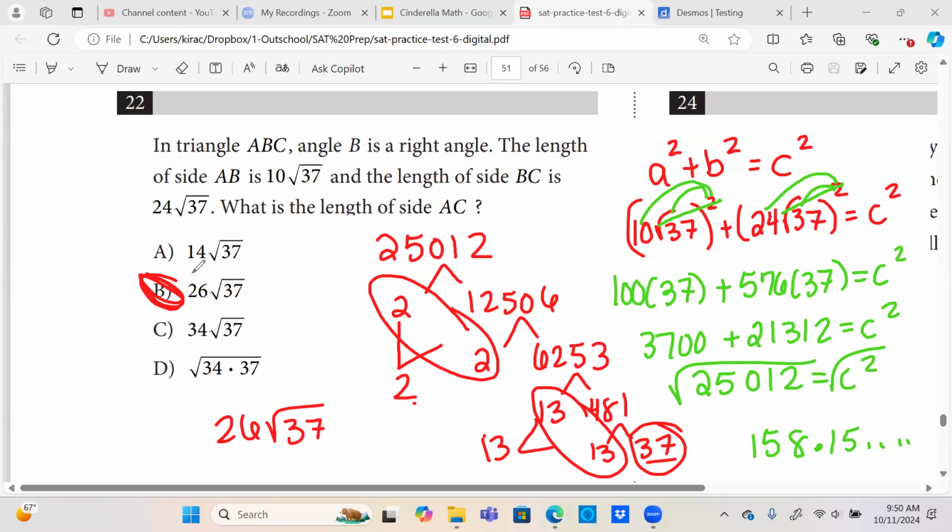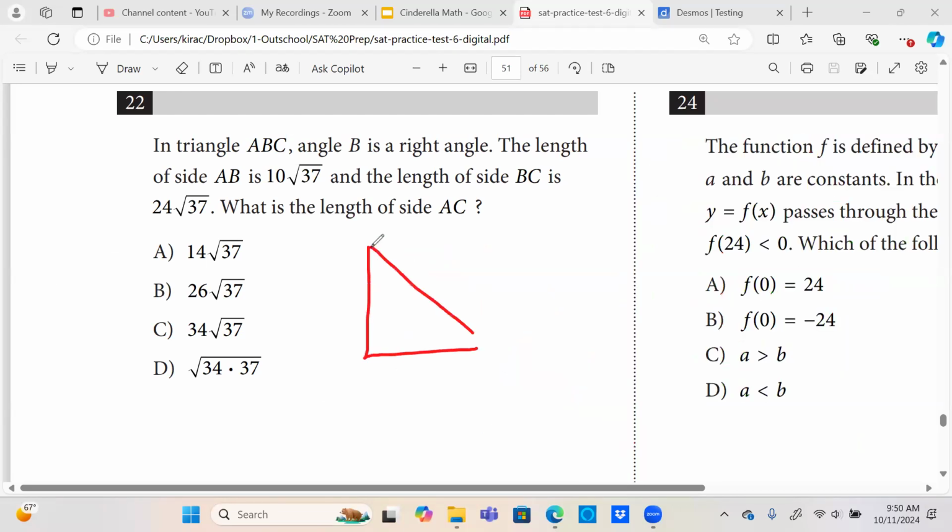That was kind of the straight up formal way. Here's another way. This is 10 root 37. This is 24 root 37. And this is we don't know. You could just ignore the root 37s. Since they're on both of them, just ignore it for a second.